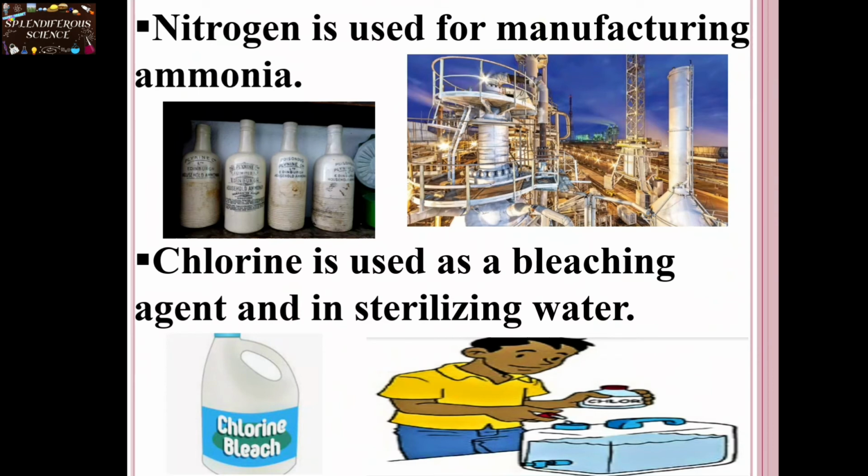Nitrogen is used for manufacturing ammonia. Chlorine is used as a bleaching agent and in sterilizing water.